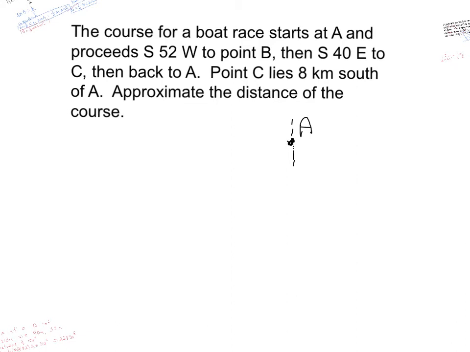So if it's 52 degrees west of south, it's going to look something like that. Probably needs to be more of an angle. So let's just say that this is 52 degrees. And we don't know how far we go, but we go for a while. I'm going to make it big enough so that I can draw my triangle to point B.